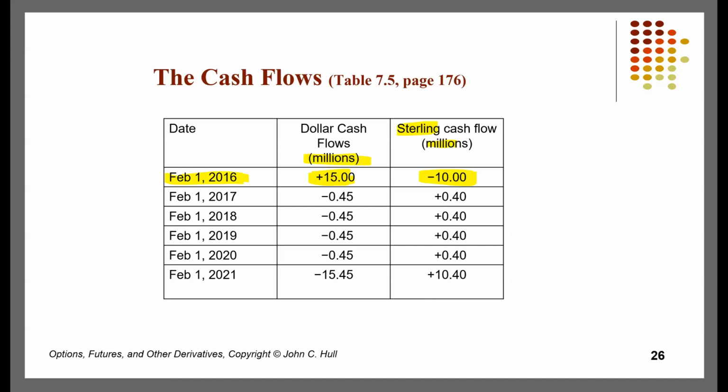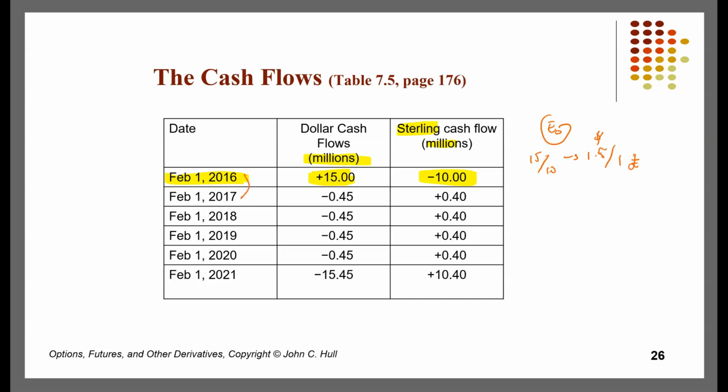And so the ratio would be 15 million divided by 10 million, and that would be 1.5 US dollars per British pound. So that's going to be $1.5 per British pound. That would be our E0.